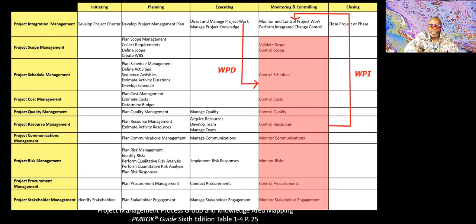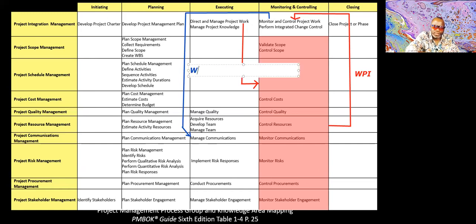You can then put that, like I said, into a work performance report. So we can show an arrow coming out of here. And the work performance report goes to a bunch of places, but I'll just show you one place. The work performance report needs to be distributed to senior management. How? Through manage communications.